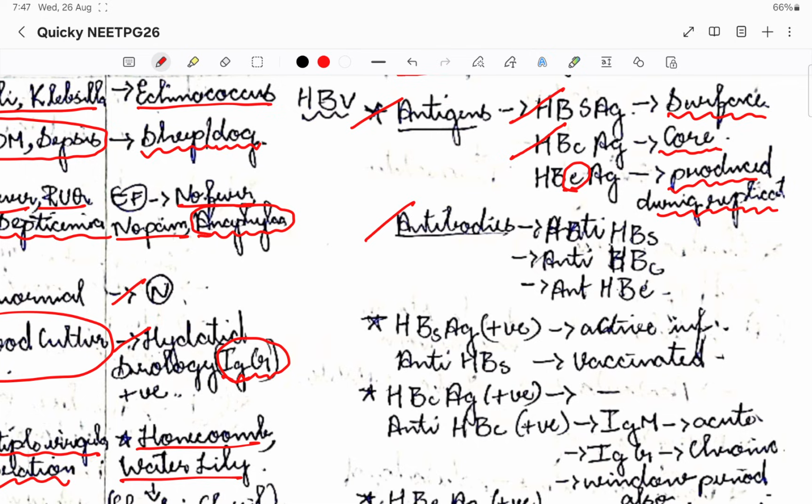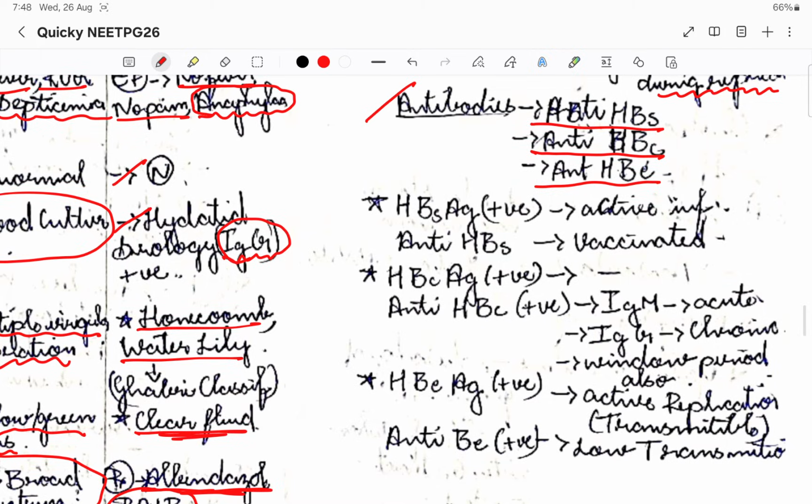Now the antibodies generated in our body against these antigens are anti-HBs, anti-HBc, and anti-HBe. These are the antigens and antibodies produced in the body. Now based on these basics, let us see how the different clinical features will be.